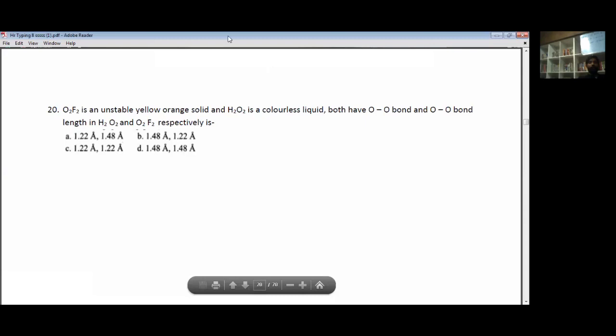The very same kind of question, based on Bent's rule. O2F2 is an unstable yellow-orange solid, and H2O2 is a colorless liquid. Both have an O-O bond, and the O-O bond lengths of H2O2 and O2F2 are respectively.